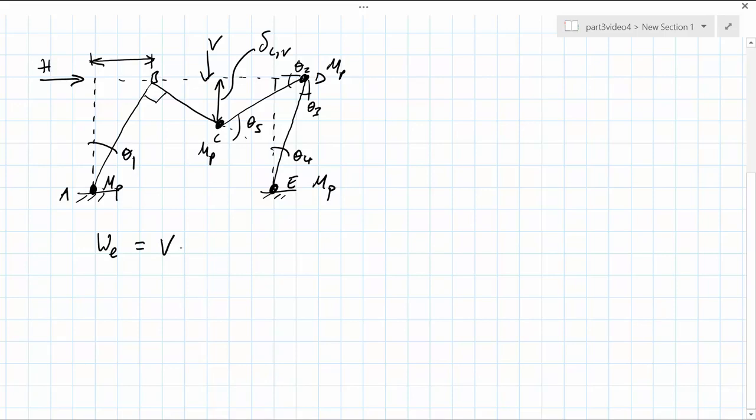So for the vertical load, we have V times delta C, V. And for the horizontally applied load, we have H times delta B, H. For the plastic dissipation at the hinges, we simply sum up the plastic moment times the rotation of the hinge at that location. So we have summation of MP times theta I.